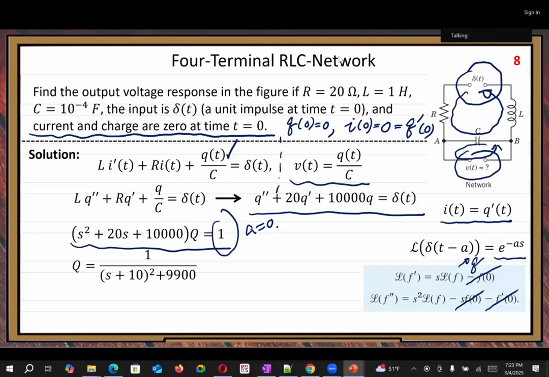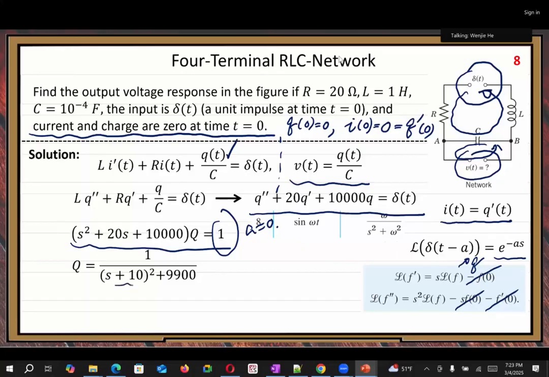Then, to find little q from the inverse Laplace transform of this capital Q, you need a sine function, right? So here, sine function, omega, and this is a shift. But omega squared, this is omega squared. So then the shift function.